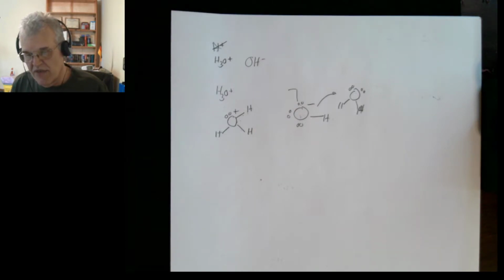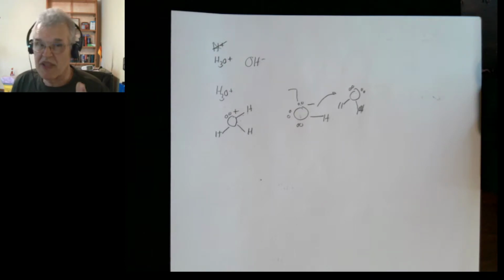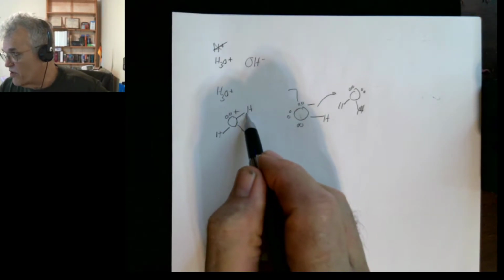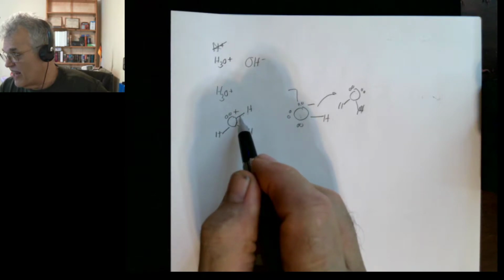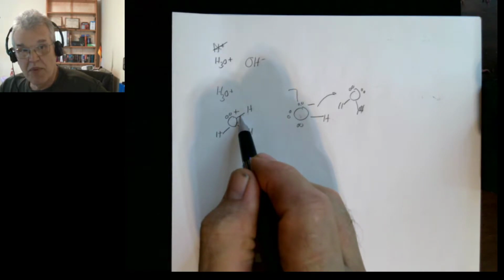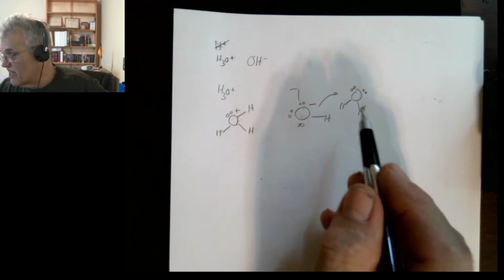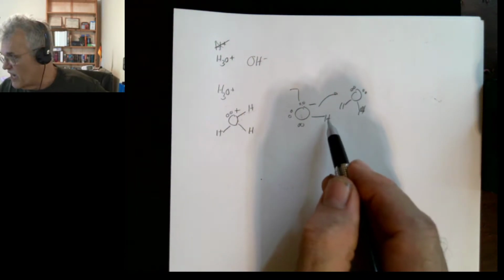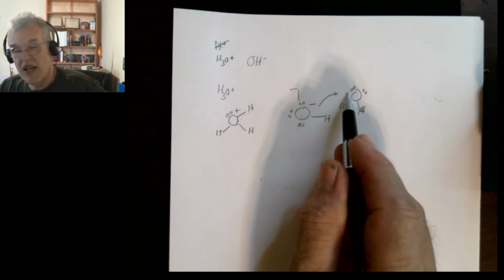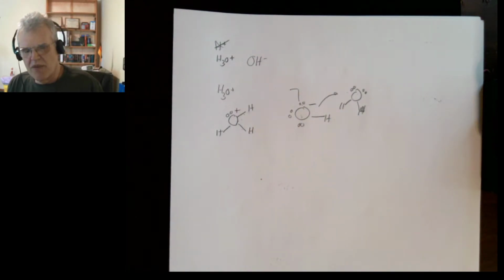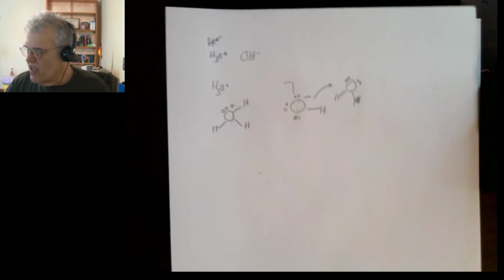The Lewis definition of an acid is an electron pair acceptor. That's an electron pair acceptor, not an electron acceptor. So certainly for this to have gotten that proton put on there, something accepted an electron pair. The base is an electron pair donor. Well, certainly a hydroxide has an electron pair to donate. So it works. It's just much more general.